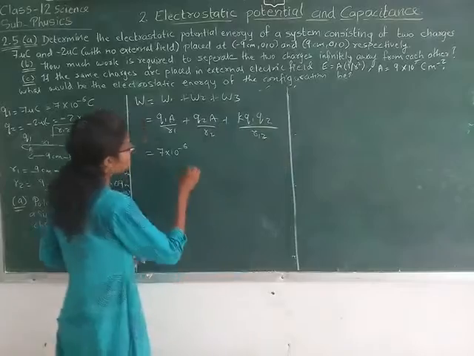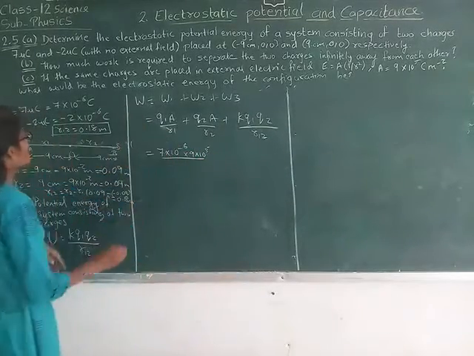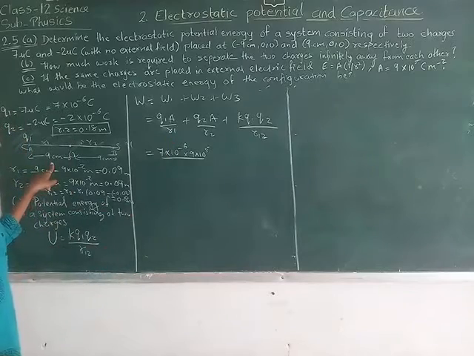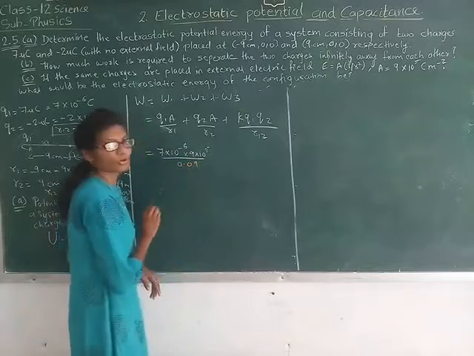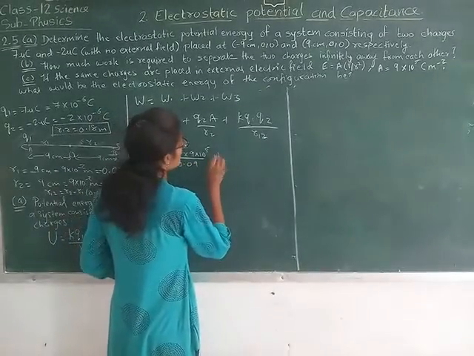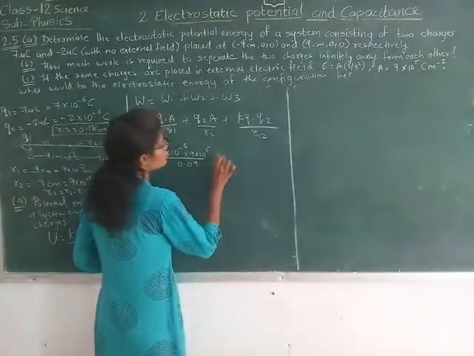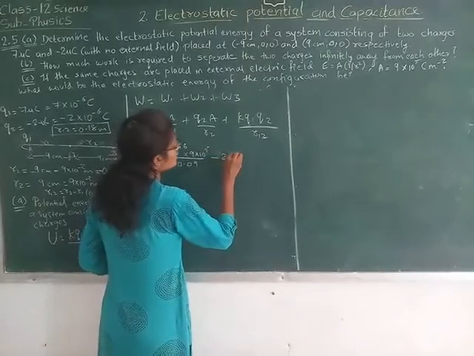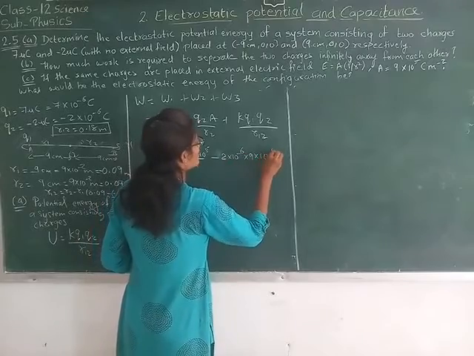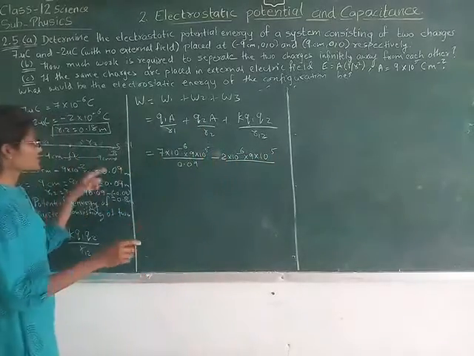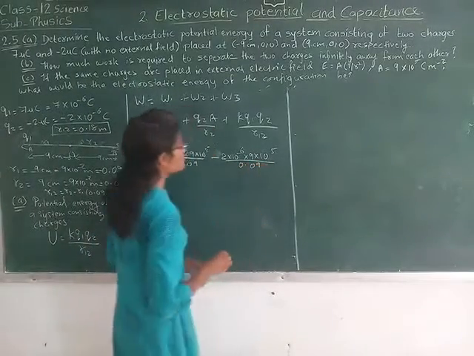A is given as 9 into 10 raised to 5 upon R1, distance 9 centimeter, that is 0.09 meter. Plus Q2 is minus 2 into 10 raised to minus 6, so minus minus becomes plus 2 into 10 raised to minus 6, times A, 9 into 10 raised to 5 upon R2, distance also 9 centimeter, that is 0.09 meter.